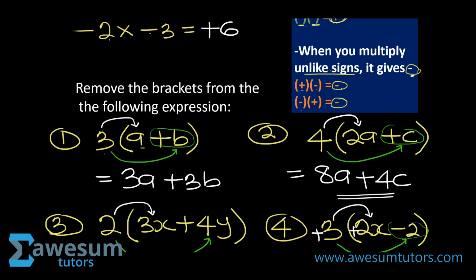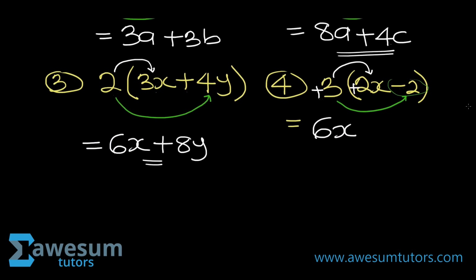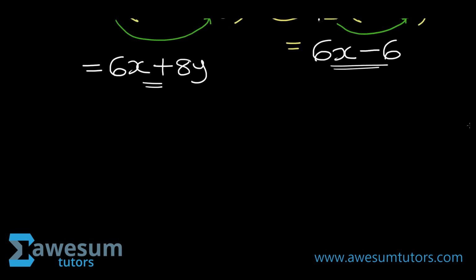So positive times negative gives me negative, and 3 times 2 gives me 6. That is my final answer: minus 6. Positive times negative gives me negative because they are unlike signs. 3 times 2 gives me 6. Very good, guys. Let us look at more examples so you can better understand this fundamental concept. Example 5.